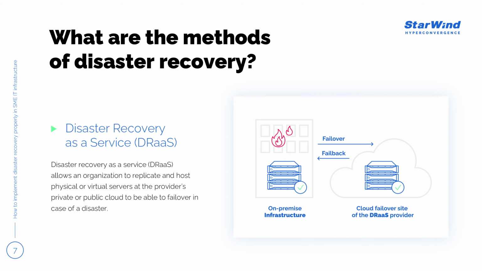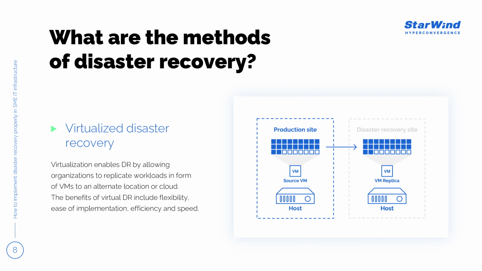And the other type or method of disaster recovery is virtual DR. Now, virtual disaster recovery basically refers to the use of virtualized workloads, or simply VMs, for disaster recovery planning and failover. The concept is very similar, albeit you would now need to replicate workloads to an offsite location on a VM level. The benefits of virtual DR are basically flexibility, as it is easier to choose which VMs to replicate.